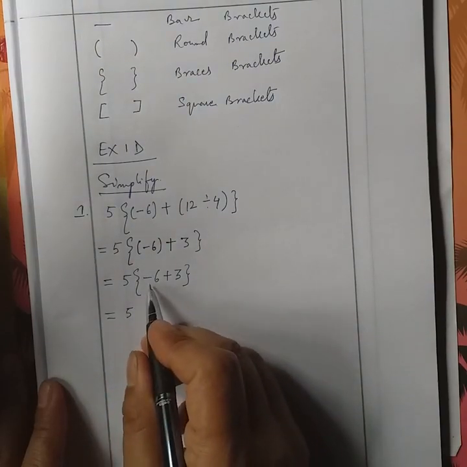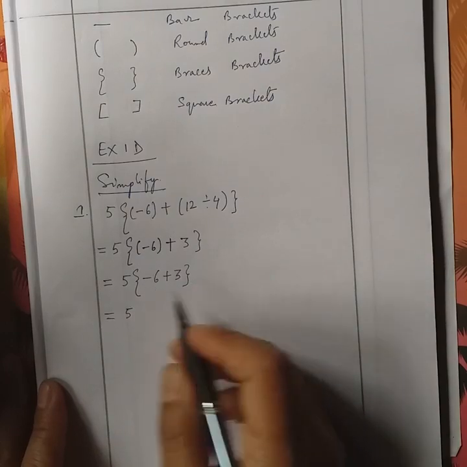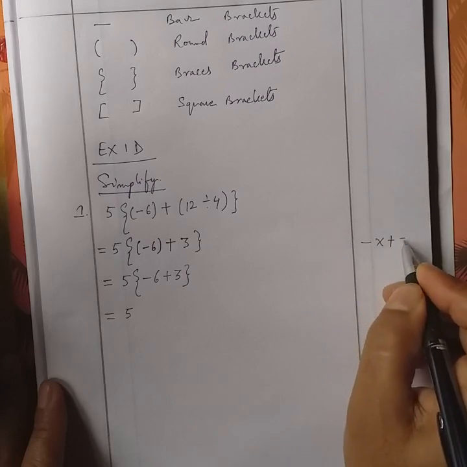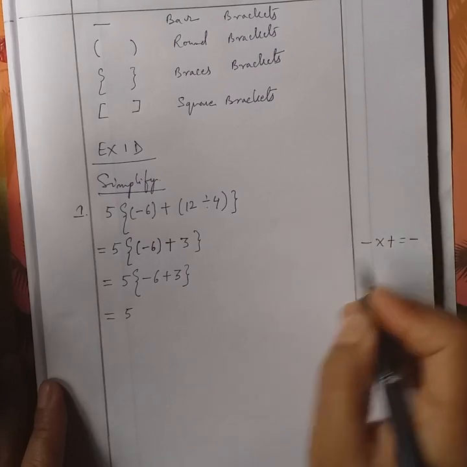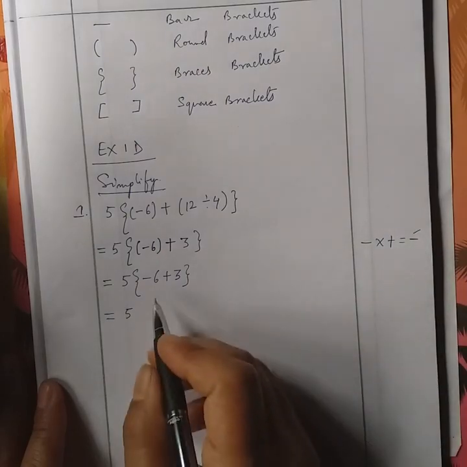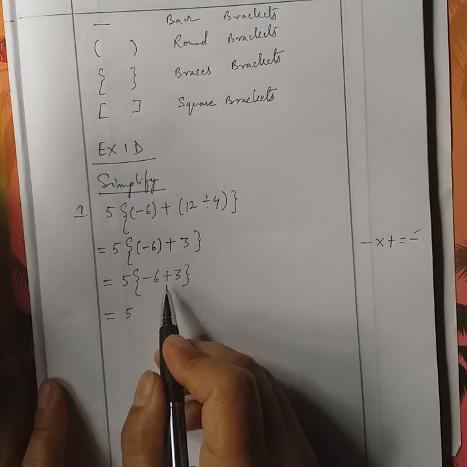Inside this is minus and plus. So what do we have to do? Minus into plus, we know that minus into plus is minus. So we have to subtract. Where there is a negative number and a positive number, we have to subtract.